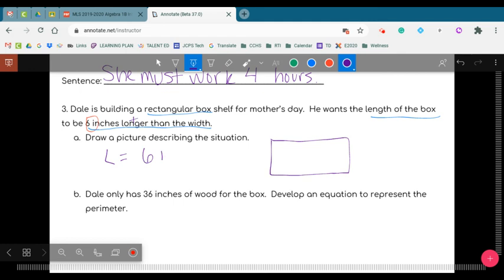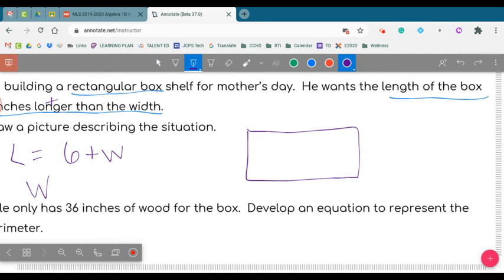So it's going to be 6 plus our width. Now, our width, they don't say anything about it. So our width is just our W. So our length, we're going to have 6 plus W, and it's going to be the same on both sides. And then our width is just going to be W, since we're not changing that at all.